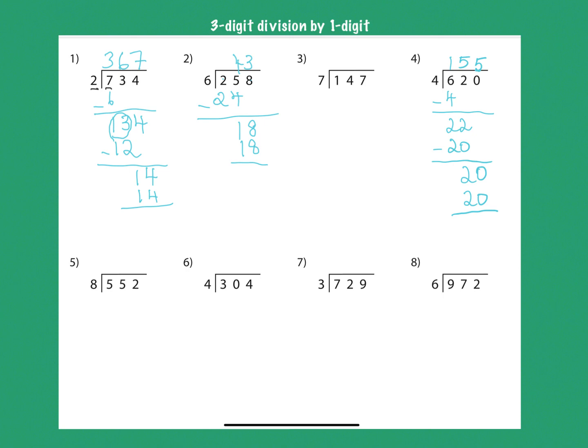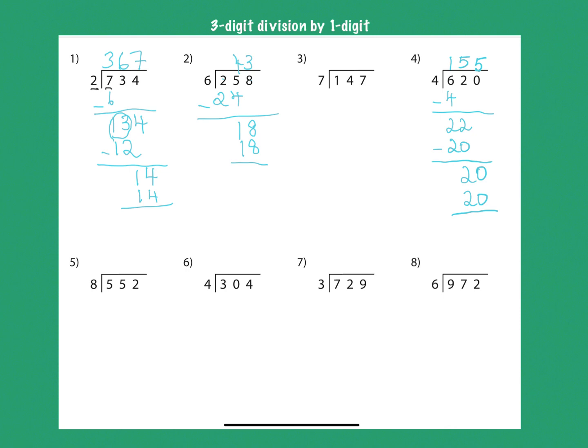Okay, now let's try and do number 6 right here. Okay, so how many 4s fit inside a 3? I would say a 0 because 4 times 1 is 4. So now I know I have to look at these two numbers first together. So as a 30.